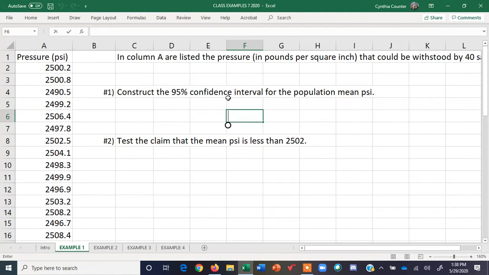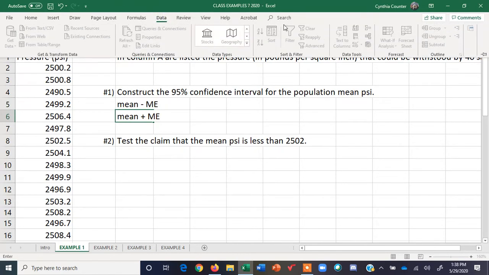So to construct a 95% confidence interval for the mean, we are going to take the sample mean and subtract the margin of error to get the left endpoint, and we will take the sample mean and add the margin of error to get the right endpoint.